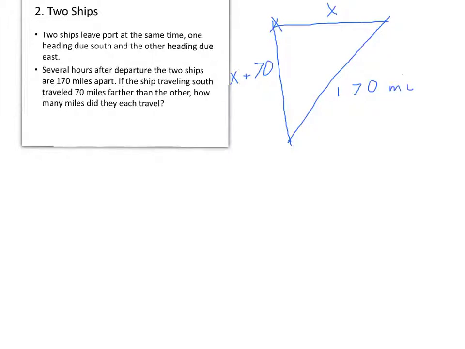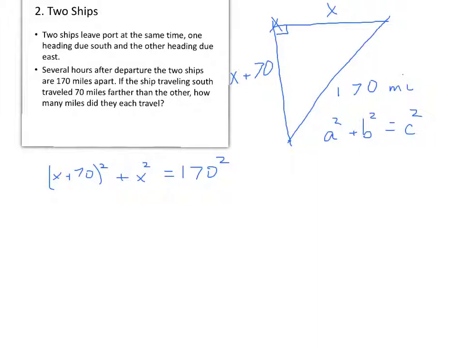So we have a right triangle, and that means we can use the Pythagorean theorem, which says one of the legs squared plus the other leg squared equals the hypotenuse squared. So when we rewrite that for our equation, we have x plus 70 squared plus x squared equals 170 squared.